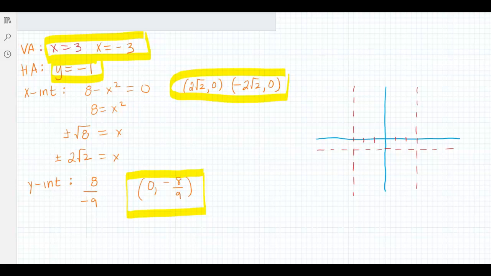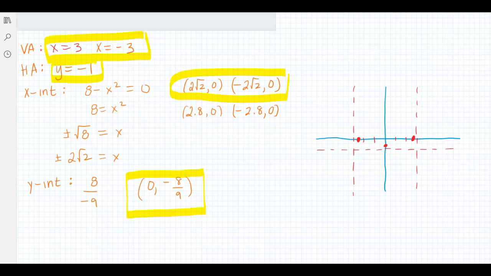Plugging this into a calculator, this is about 2.8. And so this would be negative 2.8. We just need to know where to graph those. So about here and about here. Those are our intercepts there on the x-axis. And then y-intercept negative 8/9, so it's going to be down here, really close to the asymptote.